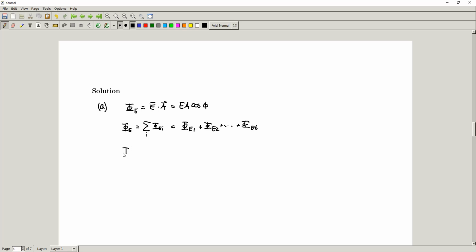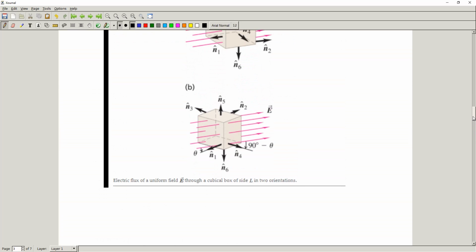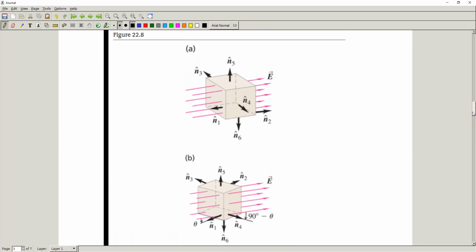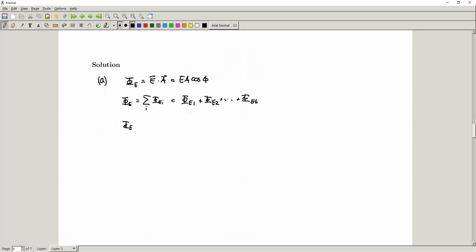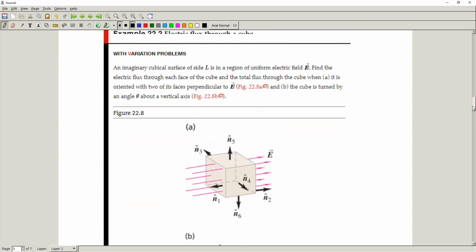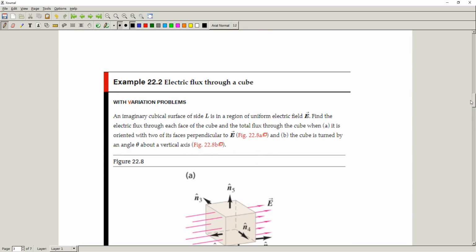And so let's take a look at what's going on with the first face. Which one's the first face? It is the one that's pointing in the opposite direction to the electric field. So we have the flux Φ_1, we're going to call it, and we're going to have E. What's the area? Well, this is a cube, right? And the problem tells us this is a cube of side length L, right?